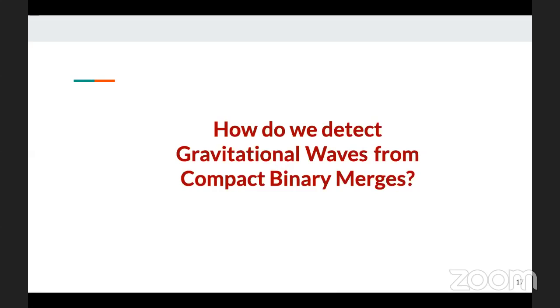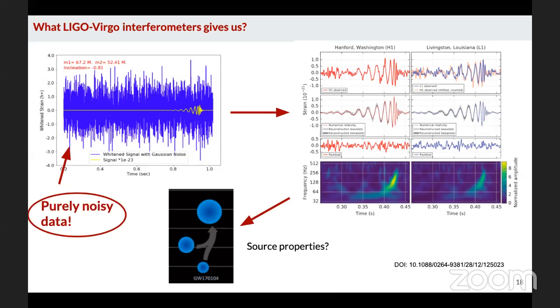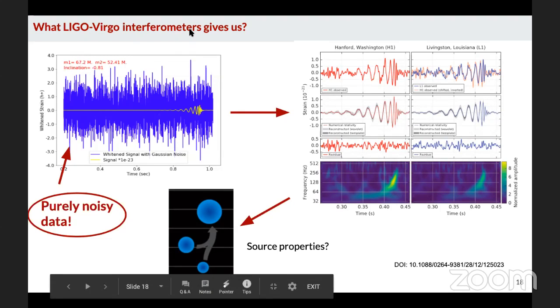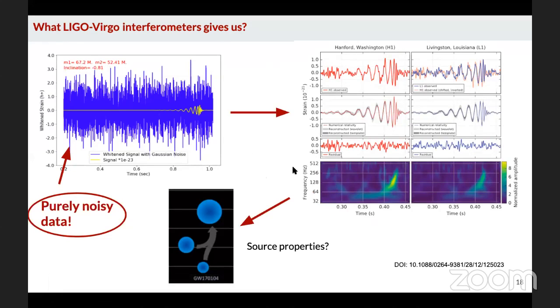The only sources which we can detect at present are gravitational waves emitted from the merger of compact binaries, using the LIGO-Virgo detectors. Unlike optical detectors, where you see pretty images of the source or the planets or any star, here we don't see such things.